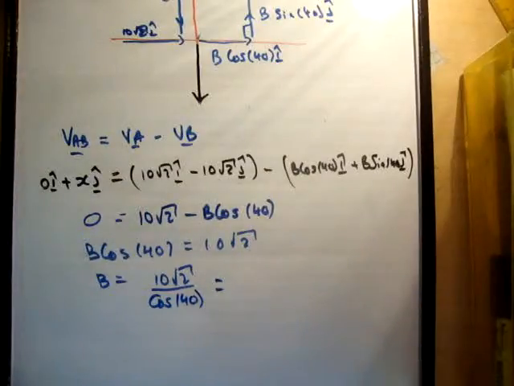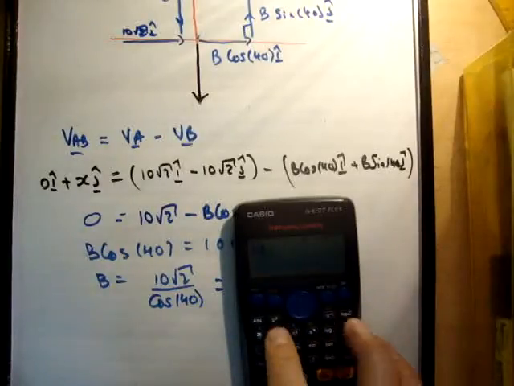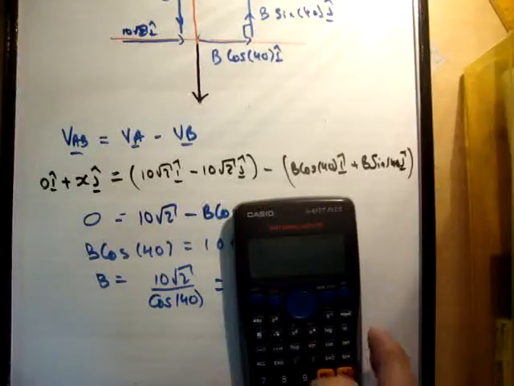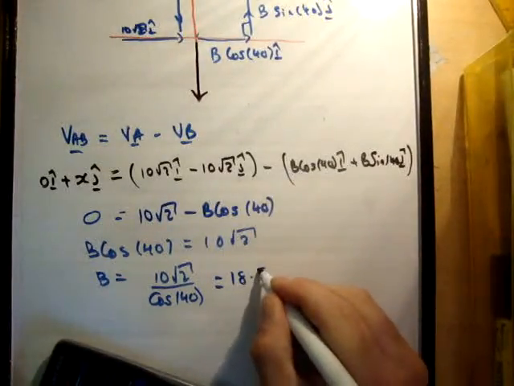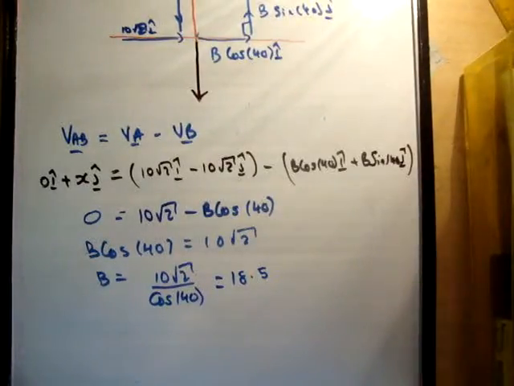I'm just going to work that out in my calculator. 10 root 2 divided by the cosine of 40 works out at 18.46, so I'll say 18.5. So now you know the magnitude of the vector B.